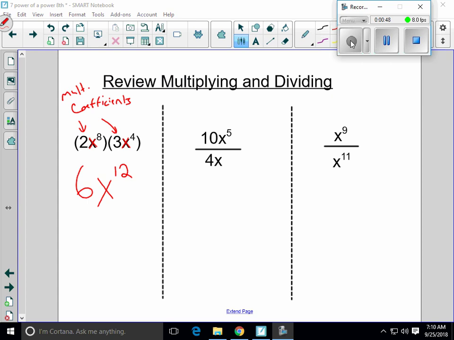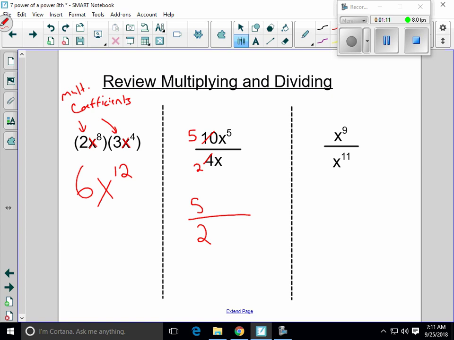When you're dividing, in the second example, you're going to simplify the coefficients again. So 10 over 4. If I try to do 10 divided by 4, it's a decimal, so I'm just going to reduce it. 2 goes into 4 2 times, and 2 goes into 10 5 times. So my numbers are going to be 5 over 2.